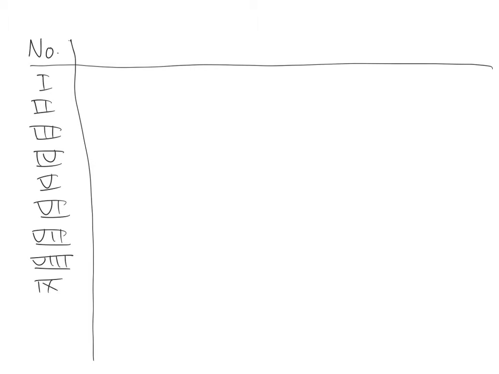So that's 1, 2, 3, 4, 5, 6, 7, 8, 9, 10, 11, and finally 12. So these are the Roman numerals for our 12 cranial nerves.